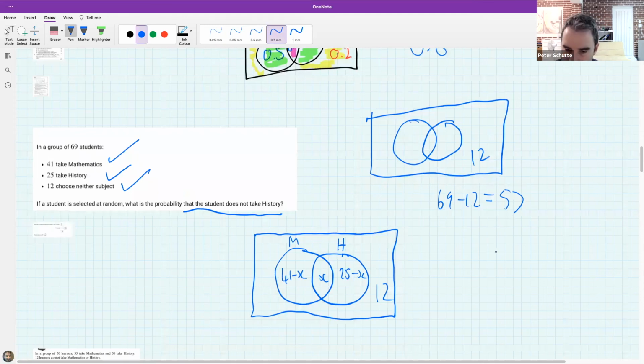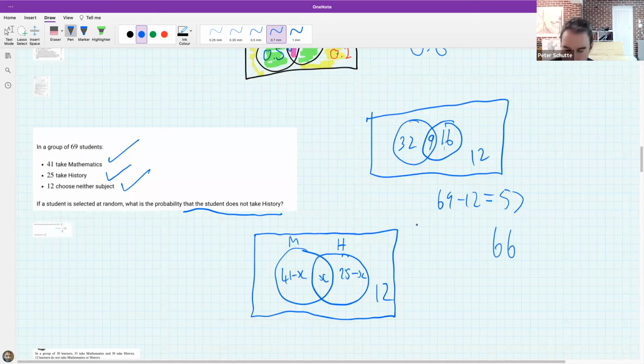And so that means this has to be 9. So let's have a look, make sure I'm right. 57, so 66, so this is going to be 9. In which case this would be 32, and this would be 16.